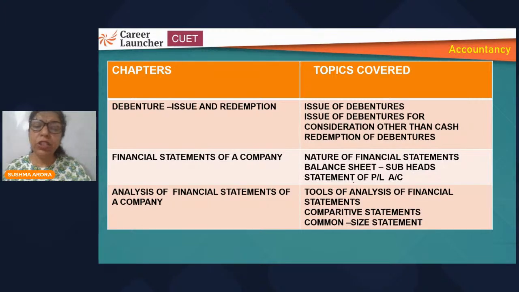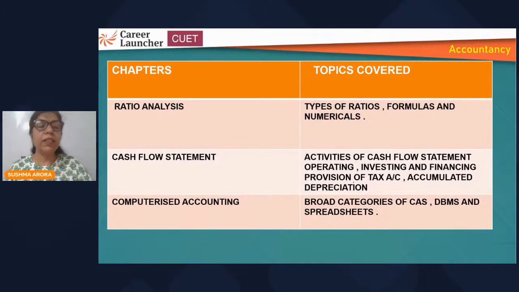Then in financial statements, the nature of financial statements, balance sheet, the headings you should focus on, as well as the statement of profit and loss. In analysis, tools of financial analysis, comparative, common size. In ratios there are various categories of ratios, you know it.